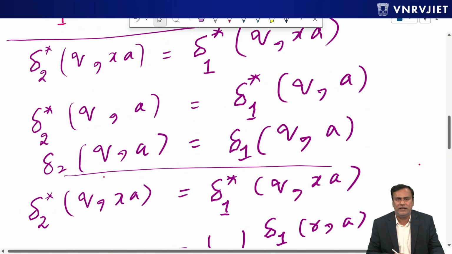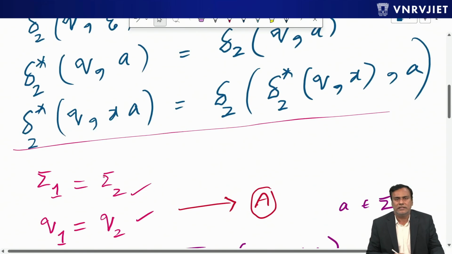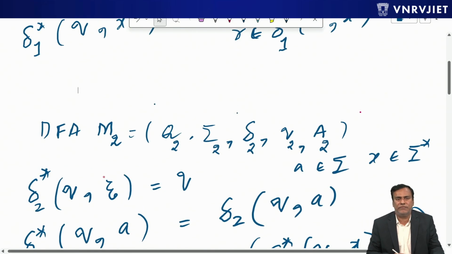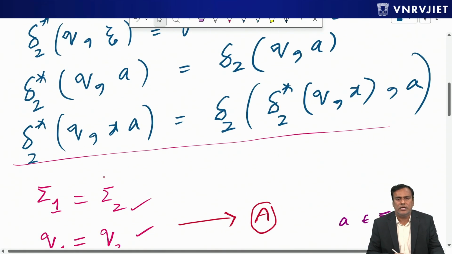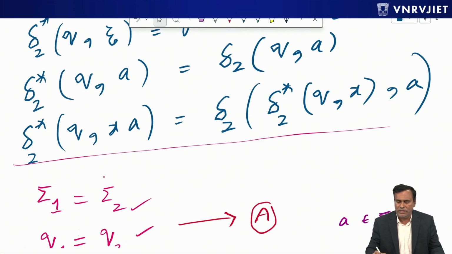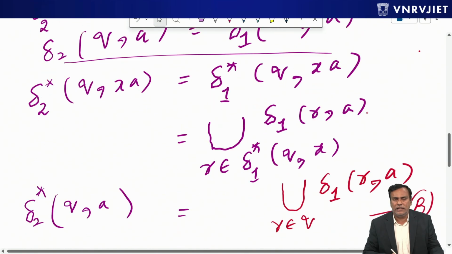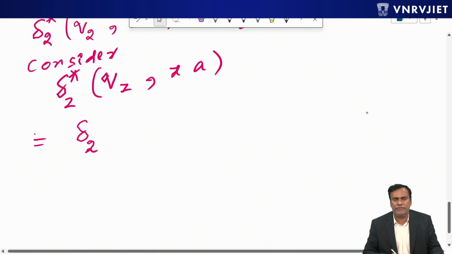You just recall. Yeah, this is a DFA, M2. Here what I have done: delta 2 star of Q X A is equal to delta 2 of delta 2 star of Q X, A. Right? So from this, I can rewrite this part as what?